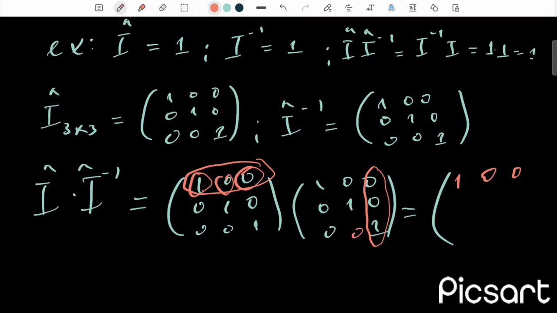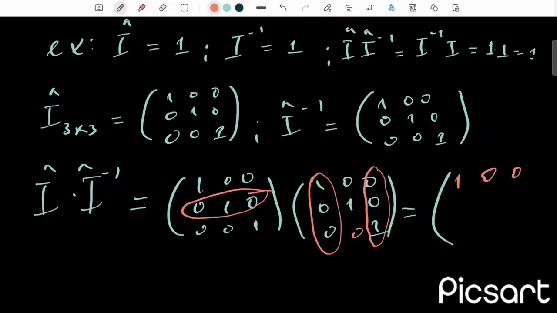And here we must multiply the second line. We multiply this line by this column, and we have 0 times 1 is 0, 1 times 0 is 0, 0 times 0 is 0, we have here 0. For the second element of this line, this line times this column, we have 0 times 0 is 0, 1 times 1 is 1, and 0 times 0 is 0, so that 0 plus 1 plus 0 is 1.